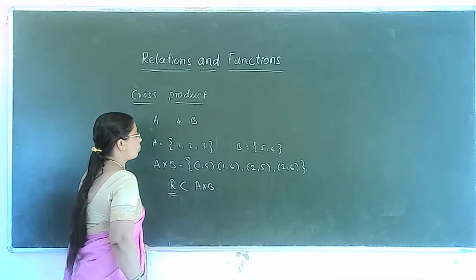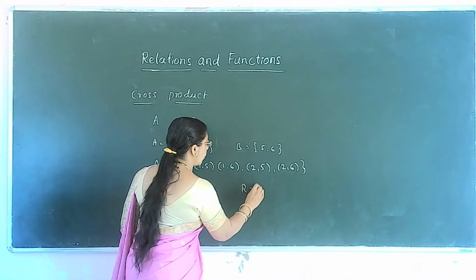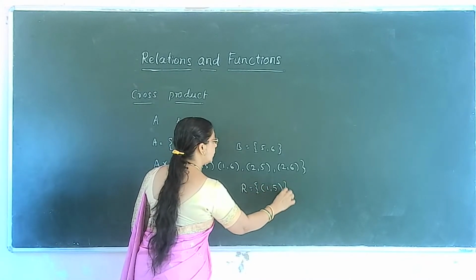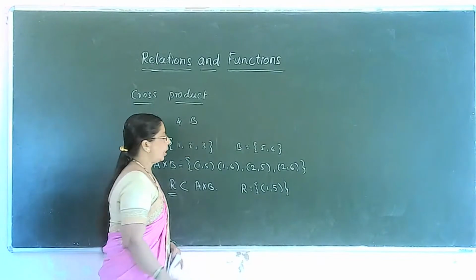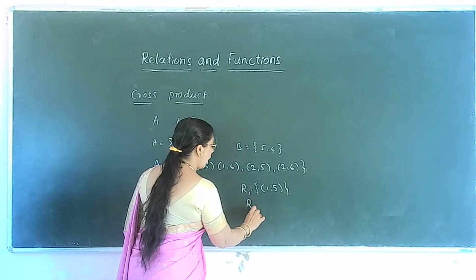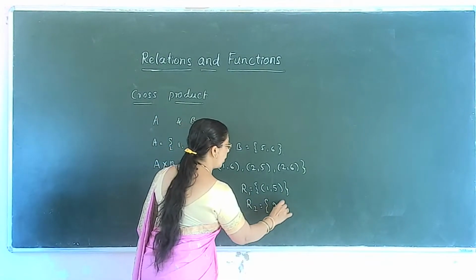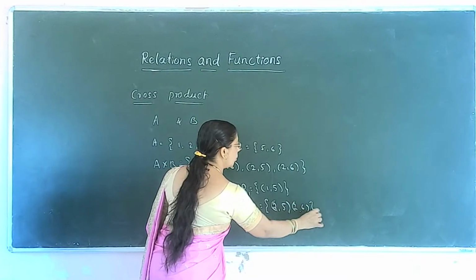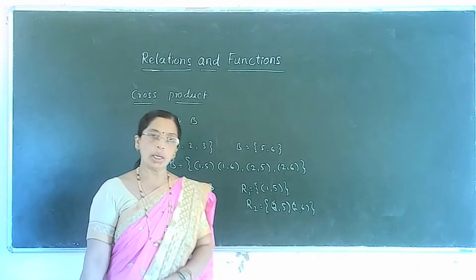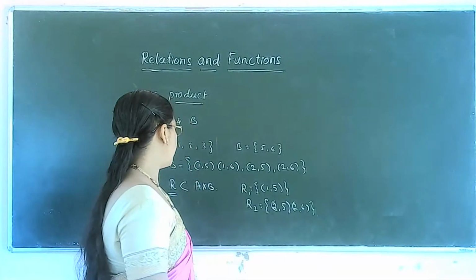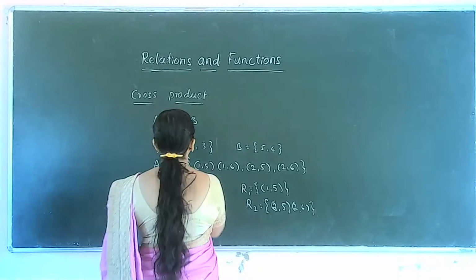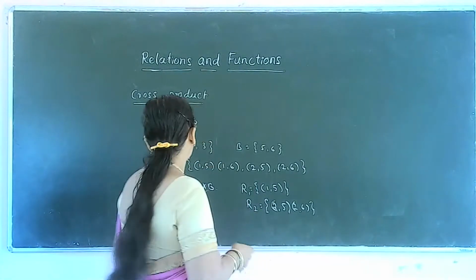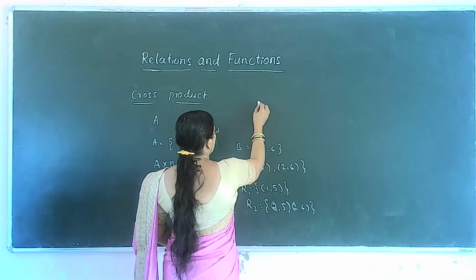It's a subset of A cross B, means R1 is equal to (1,5). R2 is equal to (2,5), (2,6). It's also a subset; it's another relation. How many relations can you write from this cross product?